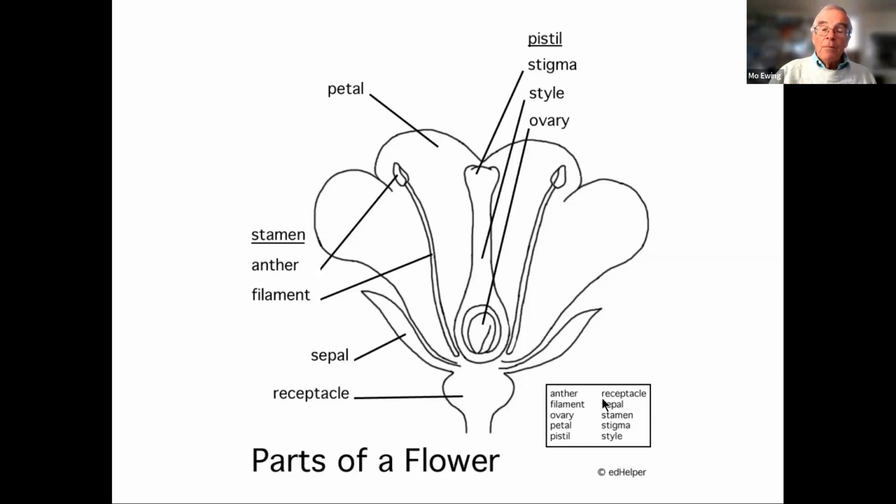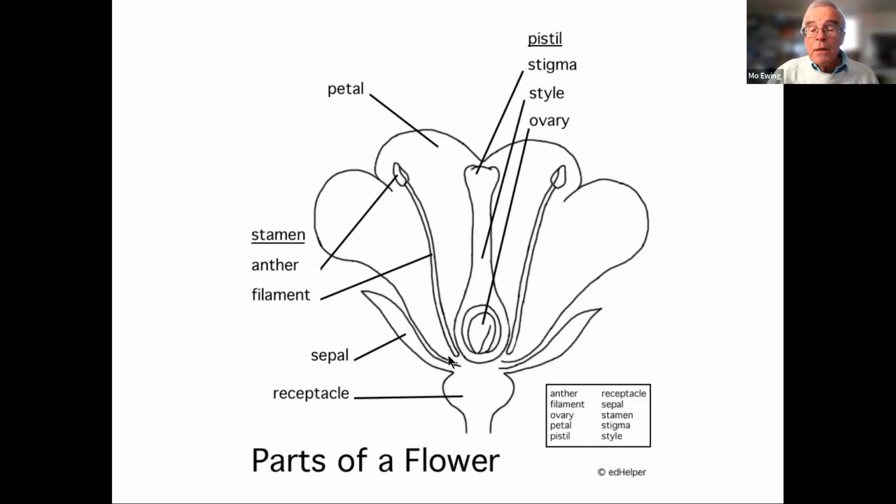The other thing to note in this is that there's a word that you use called superior or inferior ovaries. Here's the ovary here. And in this flower, the ovary is considered to be superior because it occurs above the sepals and the petals.